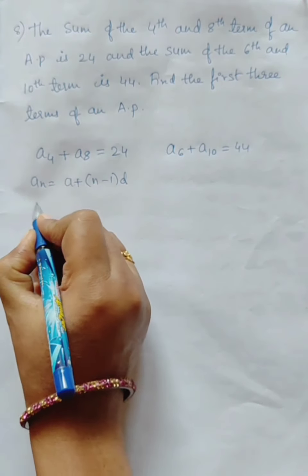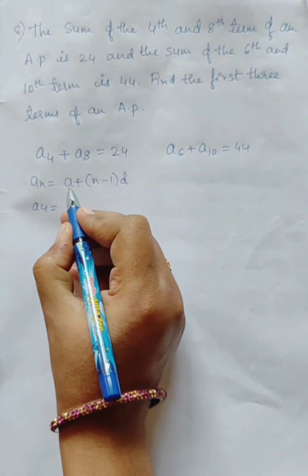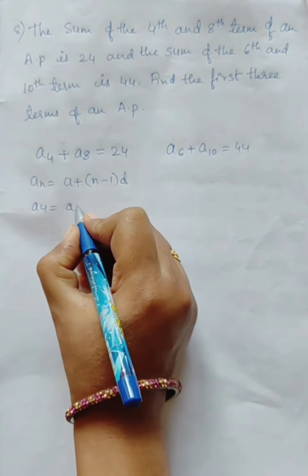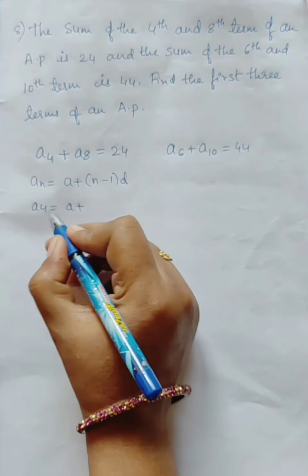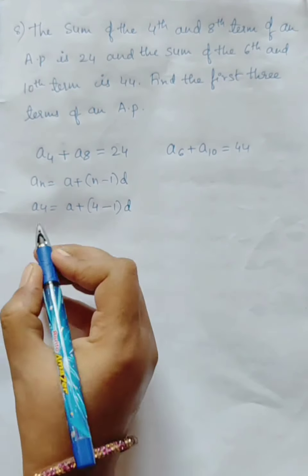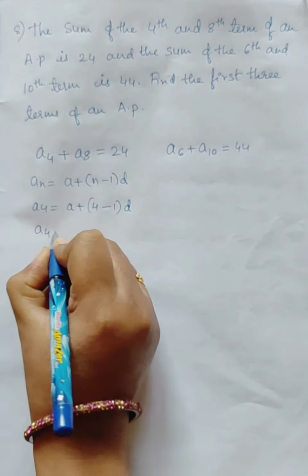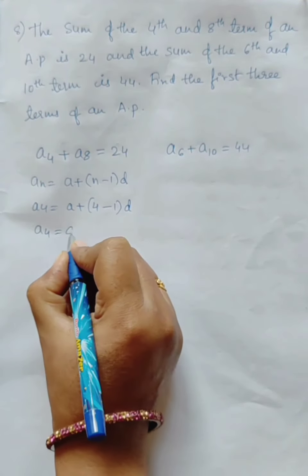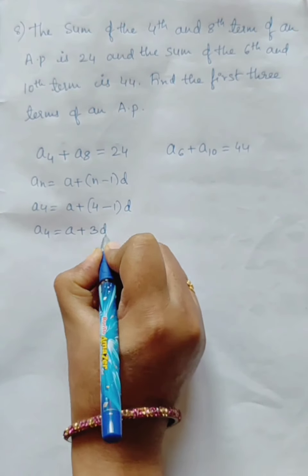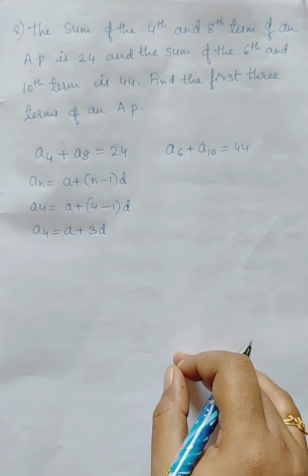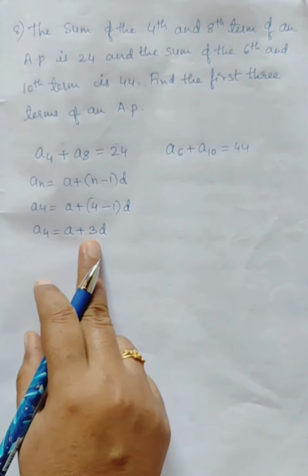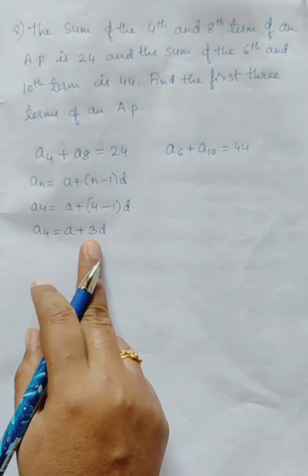So A4 is equal to, now the first term we don't know, keep it as it is, a plus, what is n now? n is 4 minus 1, d is not given, keep it as it is. So A4 is equal to a plus, now 4 minus 1 is 3, so 3d. So this is the A4 value: a plus 3d.